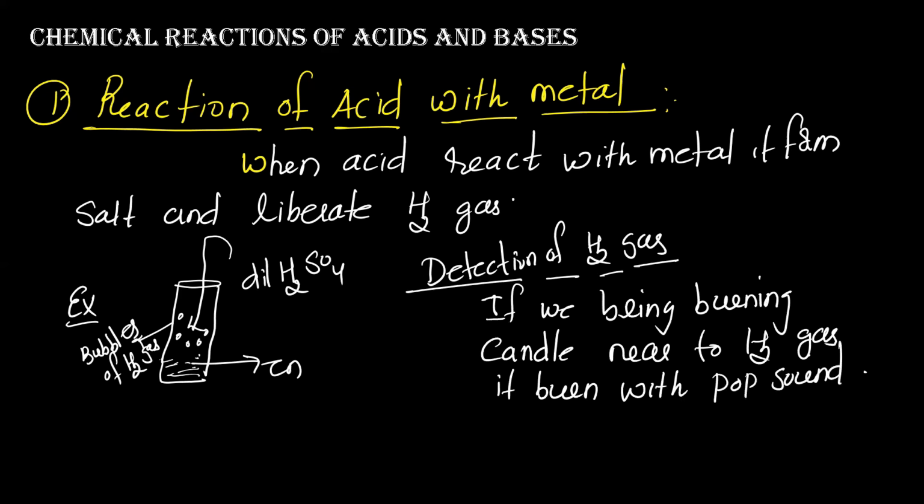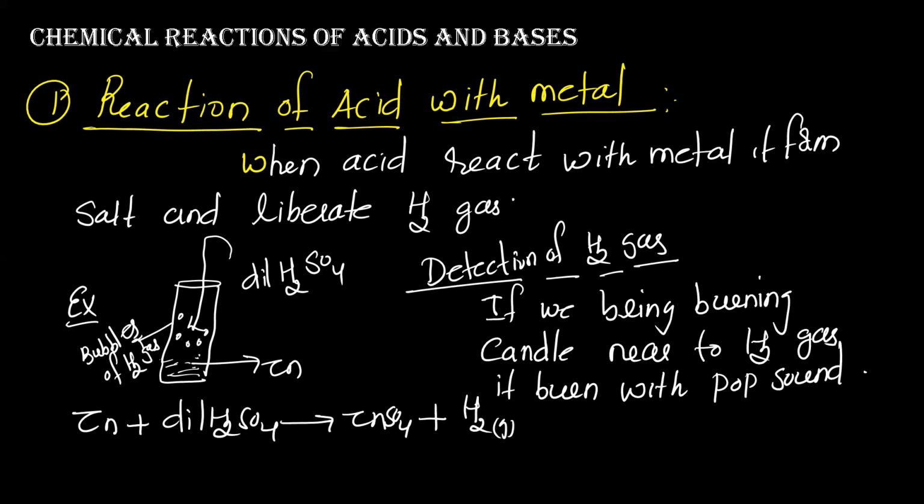So if it produces the pop sound when we bring the burning candle near to that gas, then we can say the liberated gas is hydrogen gas. So I write this reaction as zinc reacts with dilute H2SO4, it forms zinc sulfate, which is a salt, plus liberates hydrogen gas.